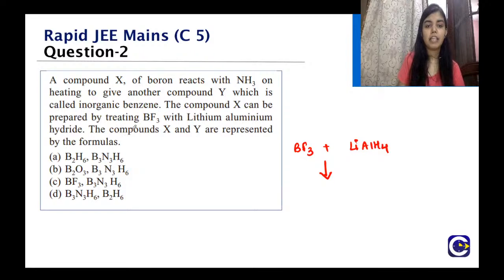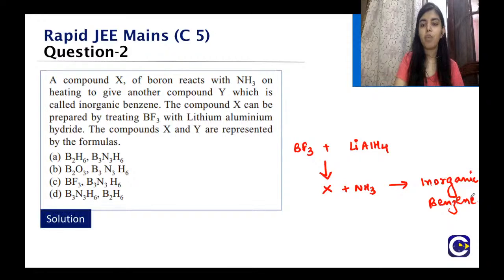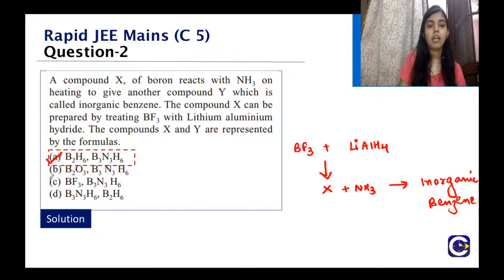Next it says the compounds X and Y are represented by the formula. Now BF3 plus lithium aluminium hydride gives you X, and X on reaction with ammonia gives you inorganic benzene. So if you consider what X and Y are, X is B2H6 and Y is B3N3H6, right?